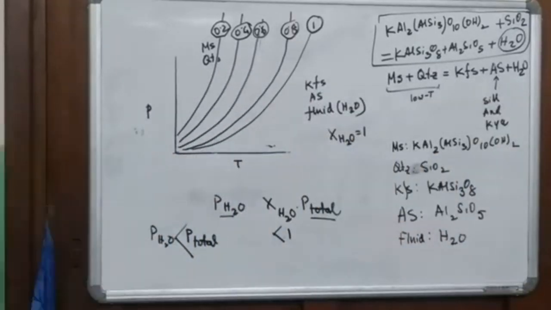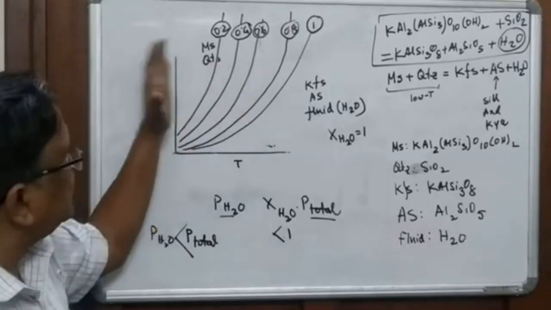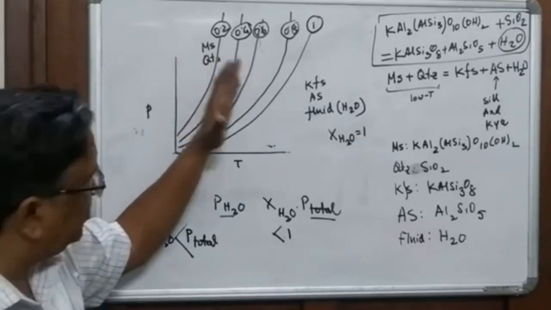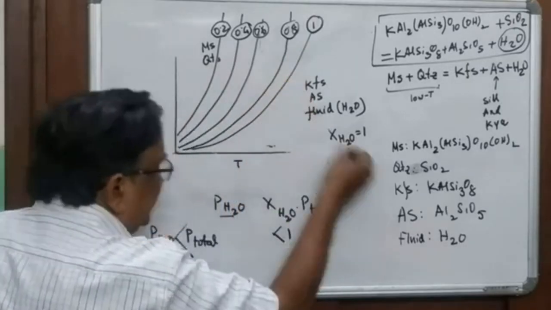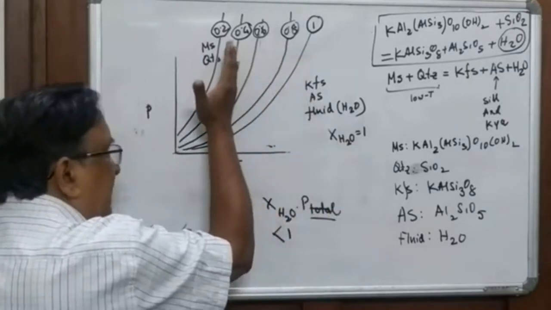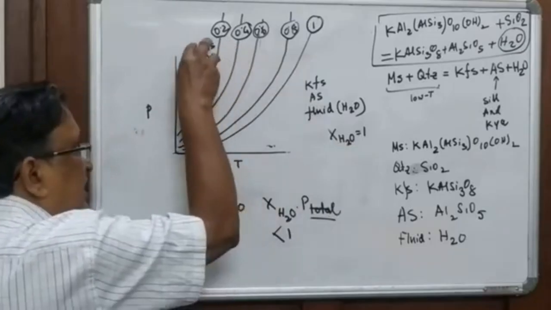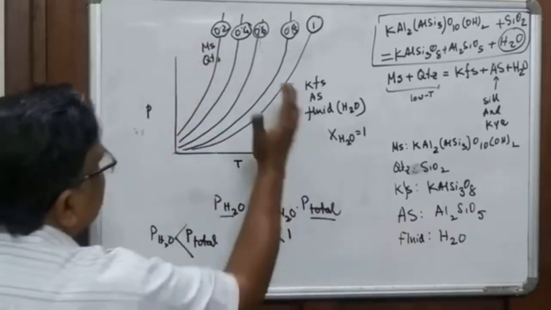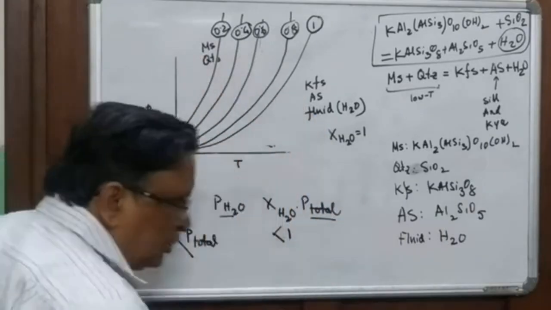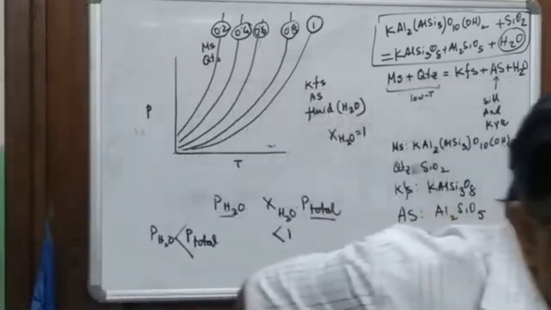When you decrease XH2O, what happens to the stability of the low temperature mineral? The stability of muscovite plus quartz gets more restricted to lower temperature.